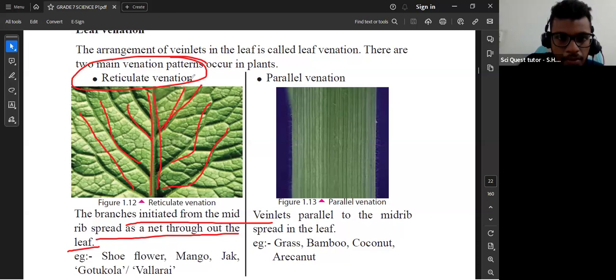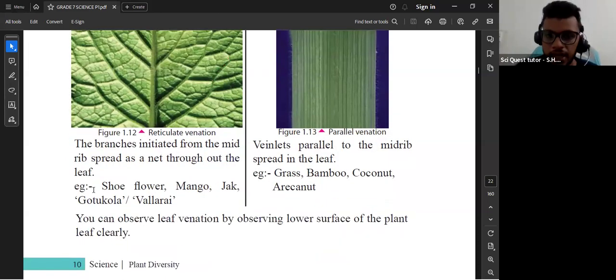From the midrib only, the veins move through. They originate from the midrib and spread as a net. That is known as reticulate venation. That's the first type of venation. Shoe flower, mango, jack are different examples.